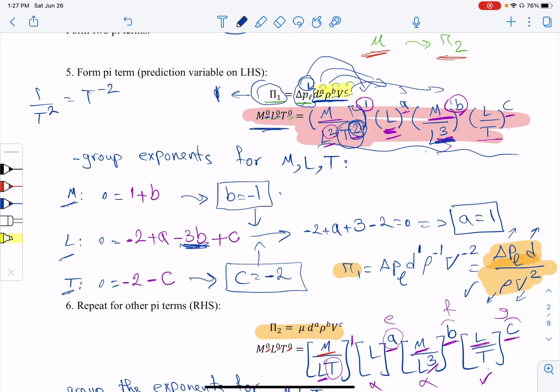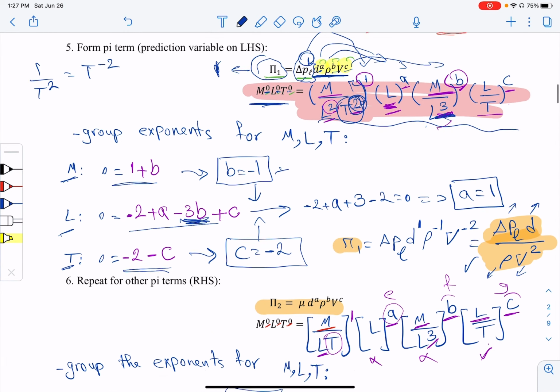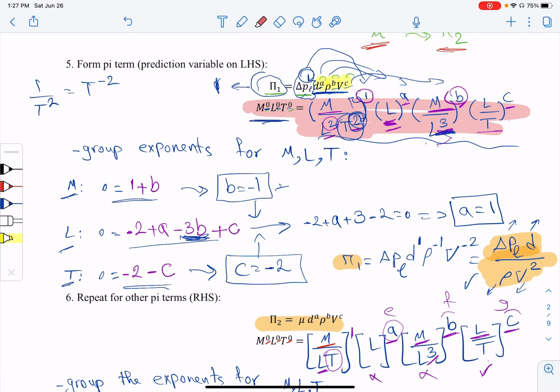So also be careful about these things. When you write it down, you need to solve for A, B, and C, depending on which equation you have first. When you find those, you put all of those powers into the first equation that you have, and this is the pi term that we get.